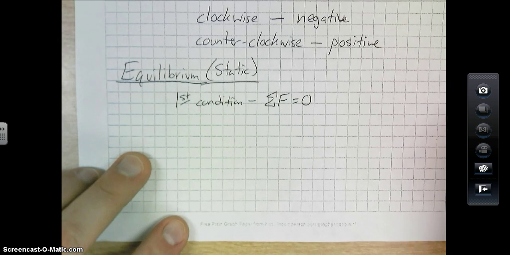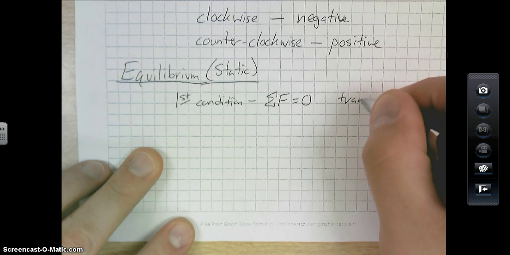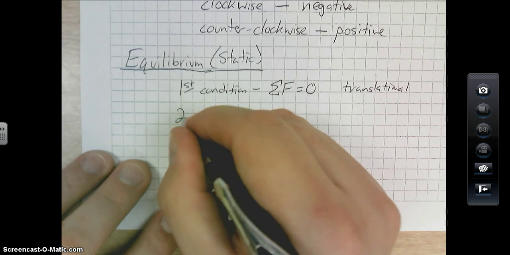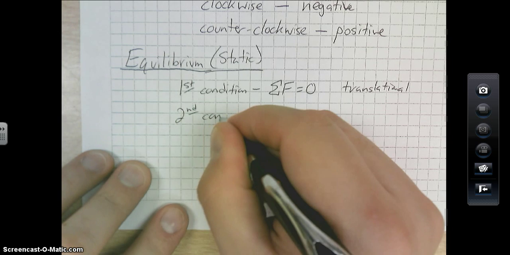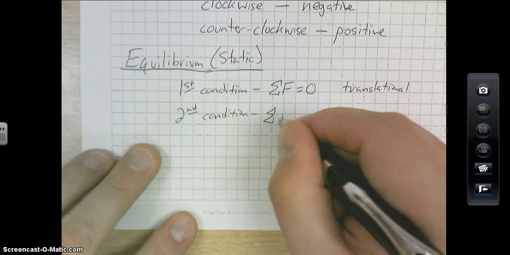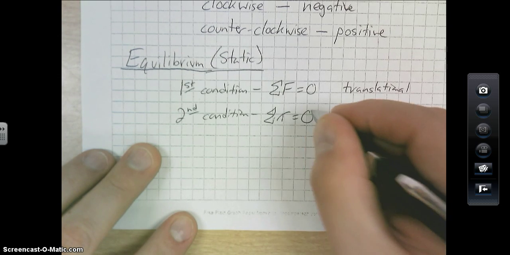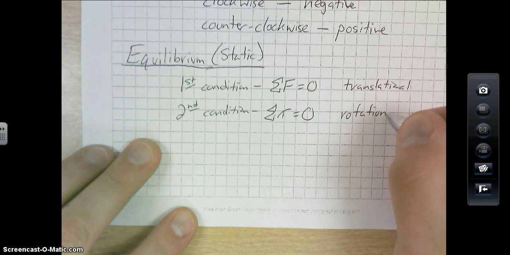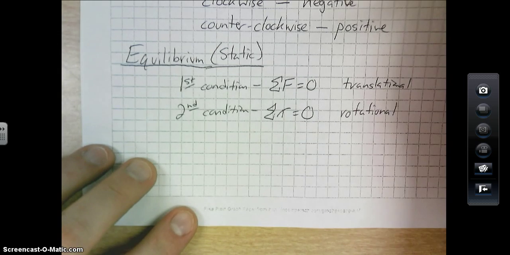This is often known as translational equilibrium. The second condition for equilibrium is that the sum of the torques must also equal 0. And this is really referred to as rotational equilibrium.